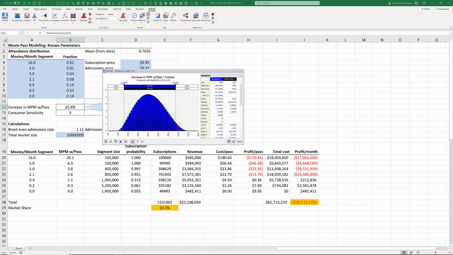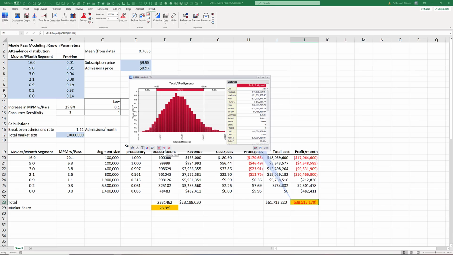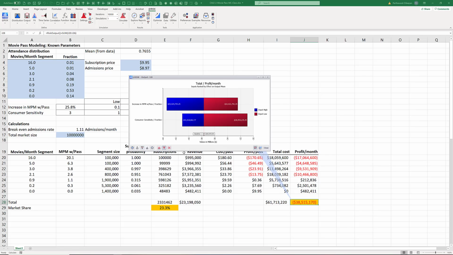To select the tornado, you have to select the output and then select tornado. This tells you for the first input, the highest value gave you a profit, or in this case a loss, of 43 million, and the smallest value that we simulated gave a loss of 32 million.